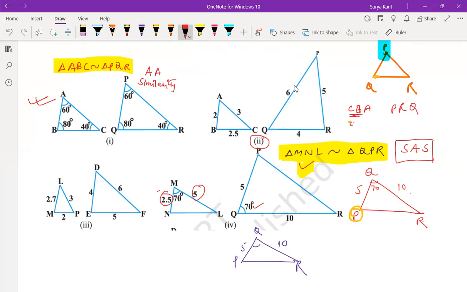PR is 2.5. PR is 5. BA is 2. And RQ is 4. AC is 3. Is this clear? So you should write here triangle CBA is similar to triangle PRQ by SSS similarity.